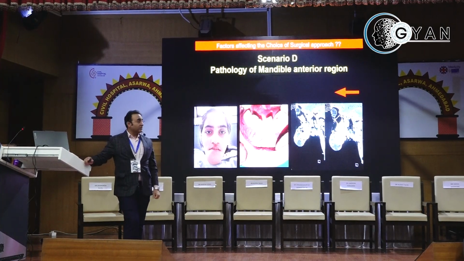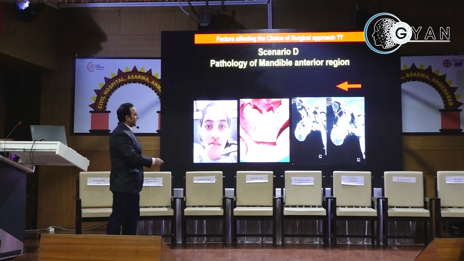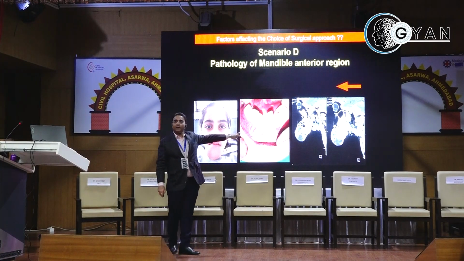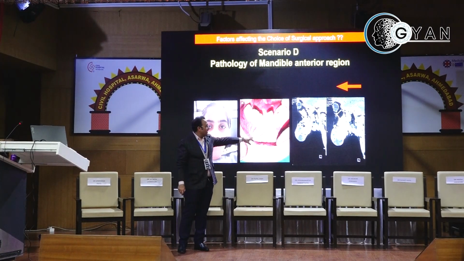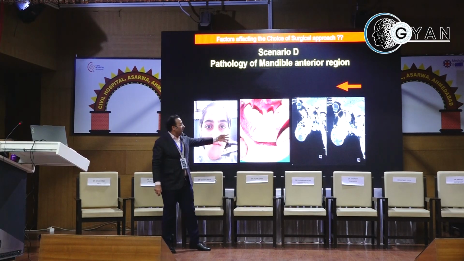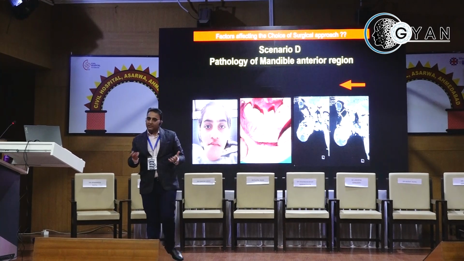Yeah. So if you look at the pathology here, it is a multilocular lesion, kind of juvenile ossifying fibroma or ameloblastoma or central giant cell tumor, and then we have to resect this tumor.